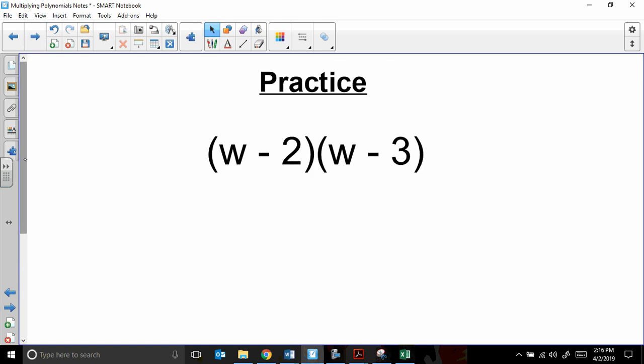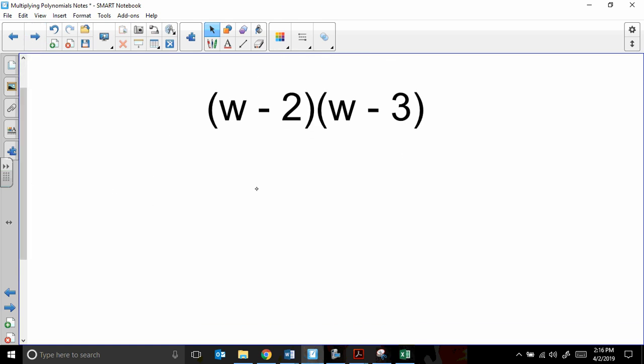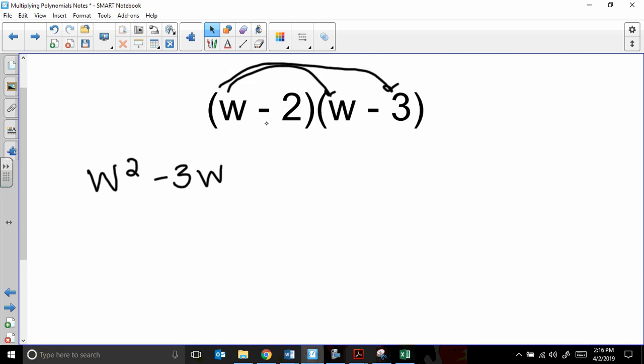All right, so the next practice. Now this one, I'm going to start alternating. So I'll do one way and then the next one the other way. So this one, I'm going to do the distribution method. So we get w times w, which is w squared. And then we're going to get w times negative 3, which is a negative 3w. And now we're going to do a negative 2 times w, which is a negative 2w.